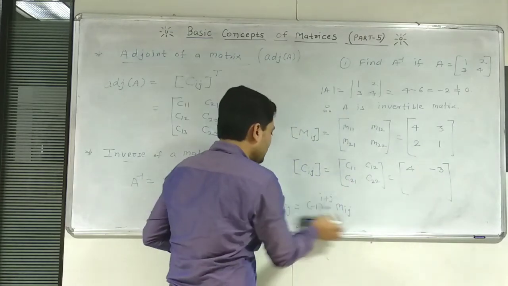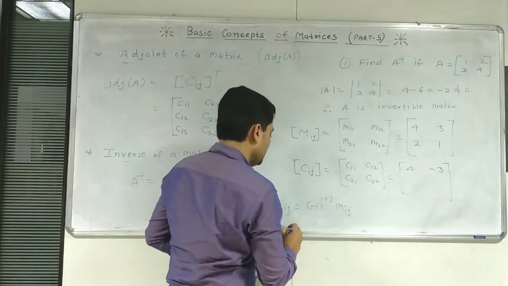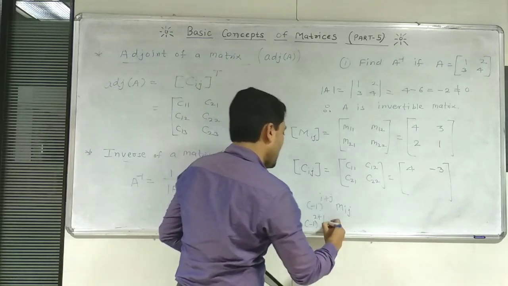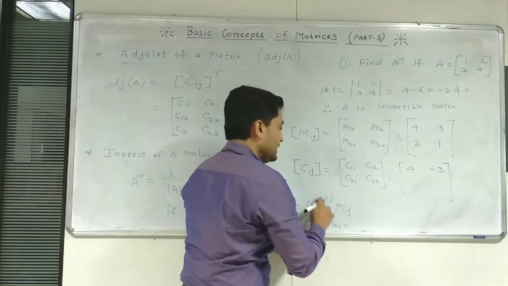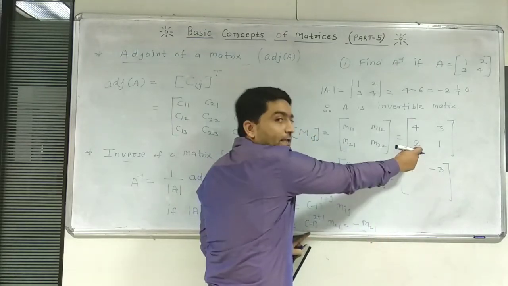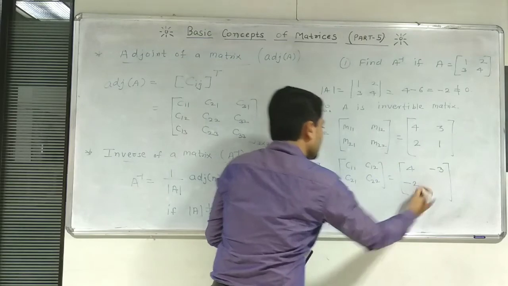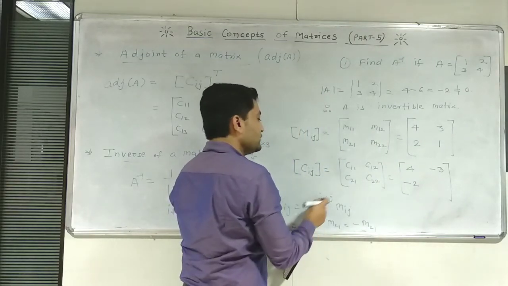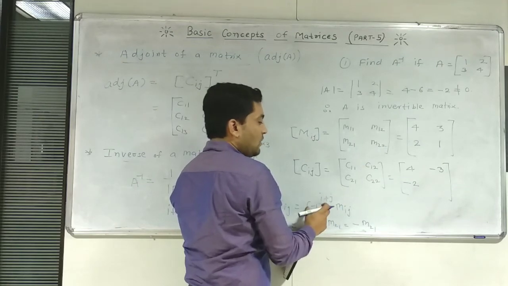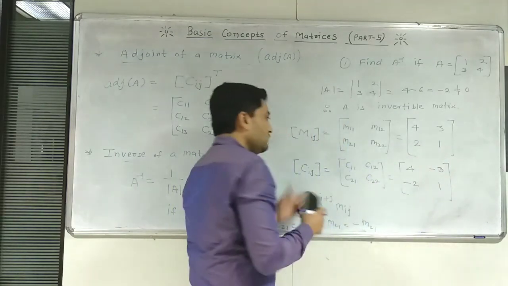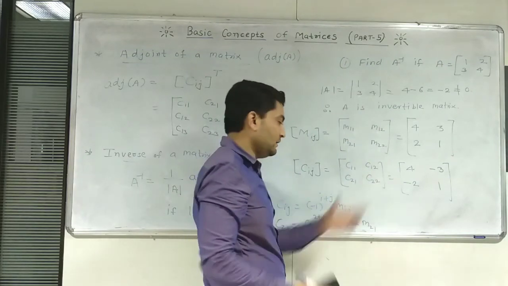Similarly, C21 is minus 1 raised to 2 plus 1, which is minus M21. The value of M21 is 2, so it is equal to minus 2. And C22 is minus 1 raised to 2 plus 2, a positive value, and it is M22, which is 1. So that matrix is called the cofactor matrix.